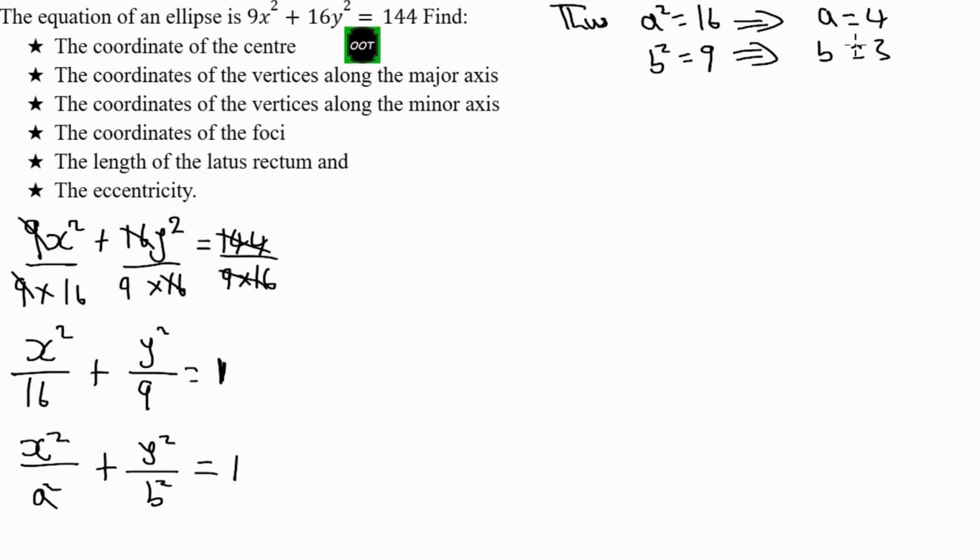Good. So now, the next thing is, since we have the equation, we need the coordinate of the center. Look at the equation. What would be the coordinate of the center? Since nothing else is attached to x and y, the coordinate of the center is 0, 0. As you can see, the equation looks similar to the equation of an ellipse that is centered at the origin.